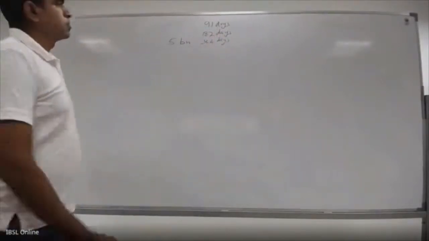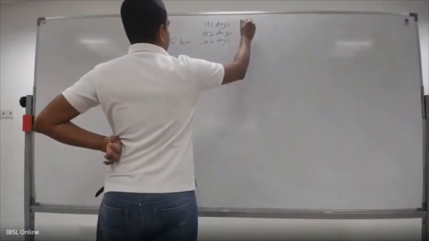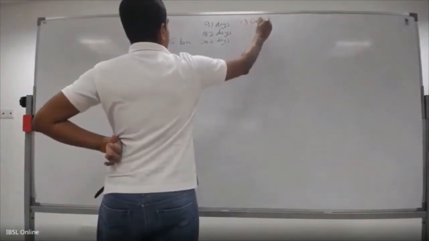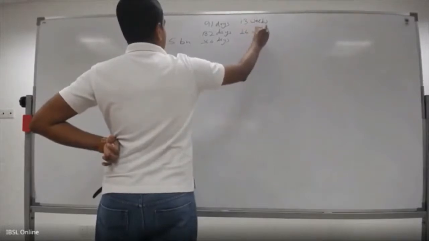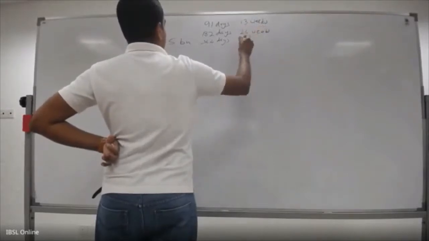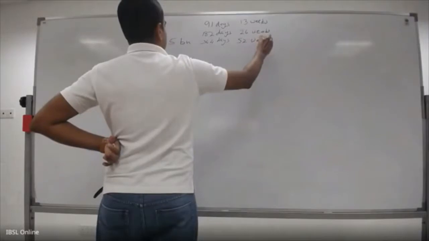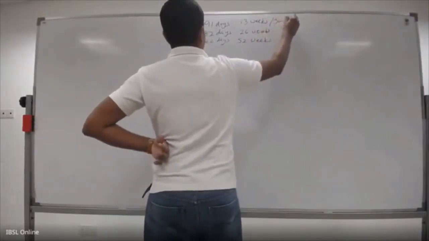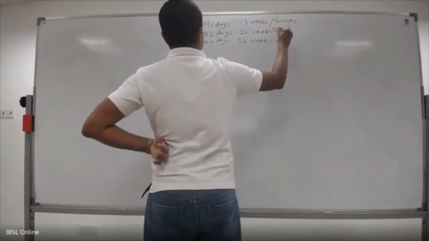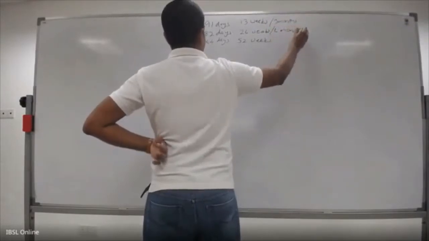So this is, in other words, 13 weeks, 26 weeks, and 52 weeks. 13 weeks is also called 3 months, 6 months, and 12 months.